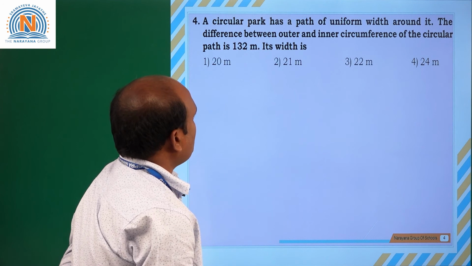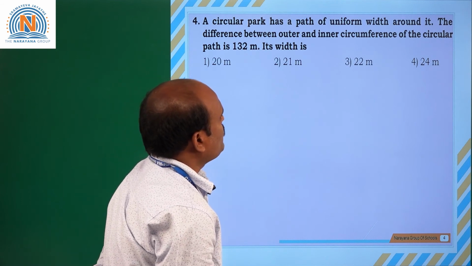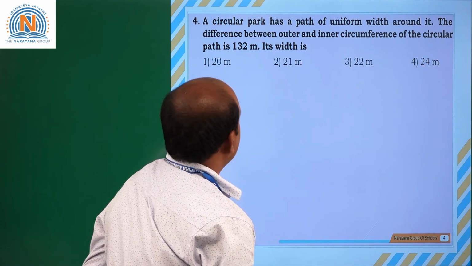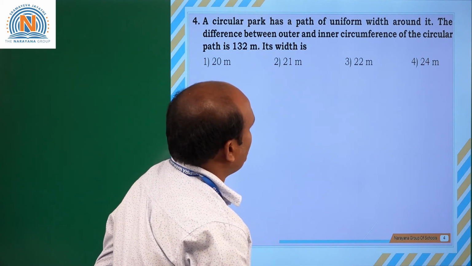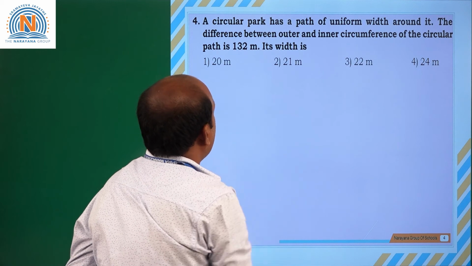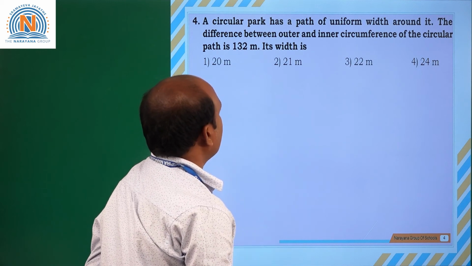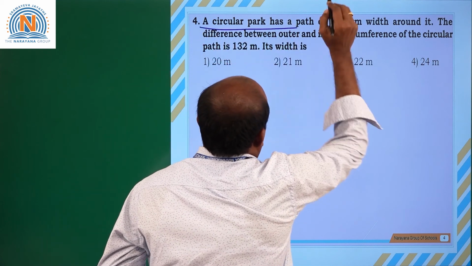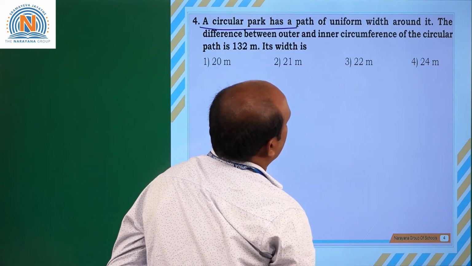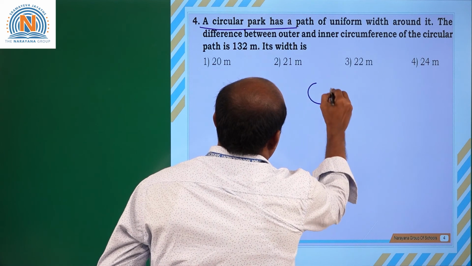A circular park has a path of uniform width around it. The difference between outer and inner circumference of the circular path is 132 meter. Its width is? One circular park is there, and it has one path of uniform width, same width all around it. So this is a circular park.